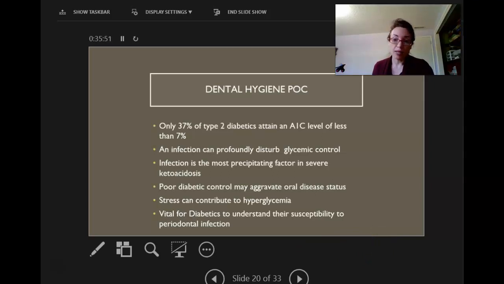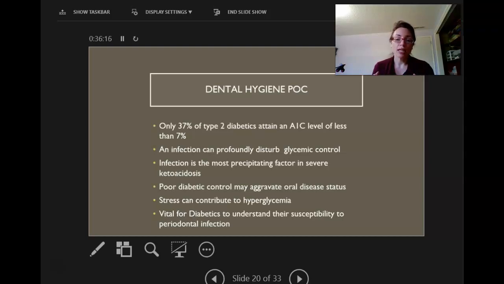Infection of any type can cause a profound disturbance of glycemic control that potentially leads to ketoacidosis and diabetic coma. When an infection is present, the secretion of counter-regulatory hormones increases, thereby leading to hyperglycemia and increased ketogenesis.